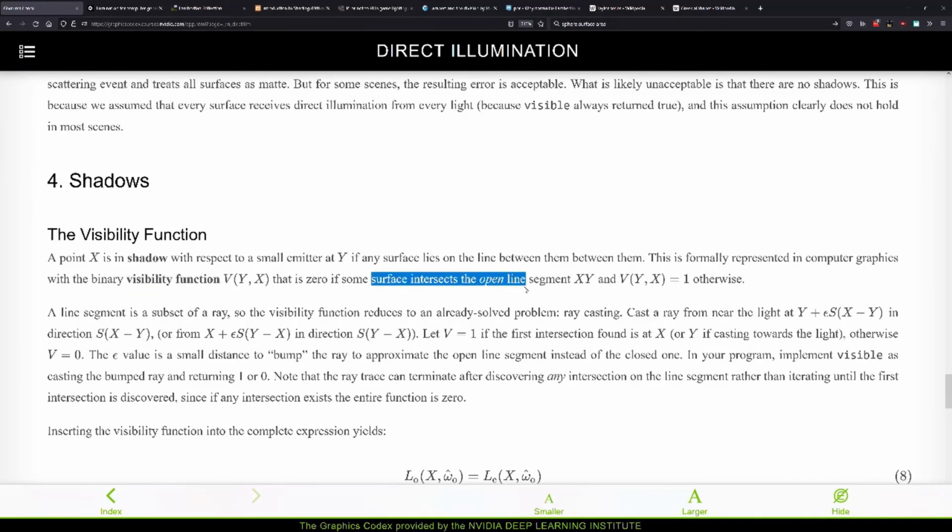If there's a set intersection on the line segment XY, then it's 0, and 1 otherwise.